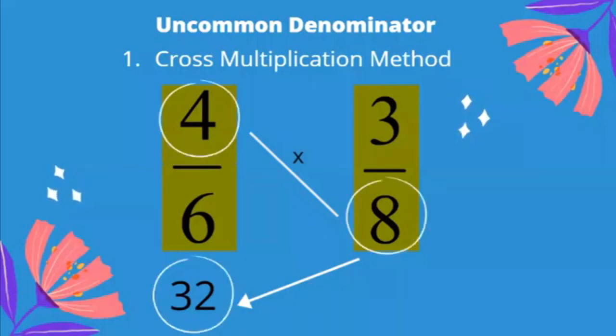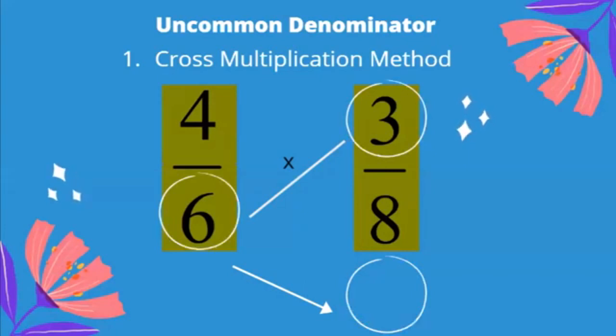Now I will circle the other part. Can you see it? The first denominator and the second numerator. Let's multiply them, but we need to write the answer on the right side. So 3 is multiplied by 6, the answer is 18. Here it is.